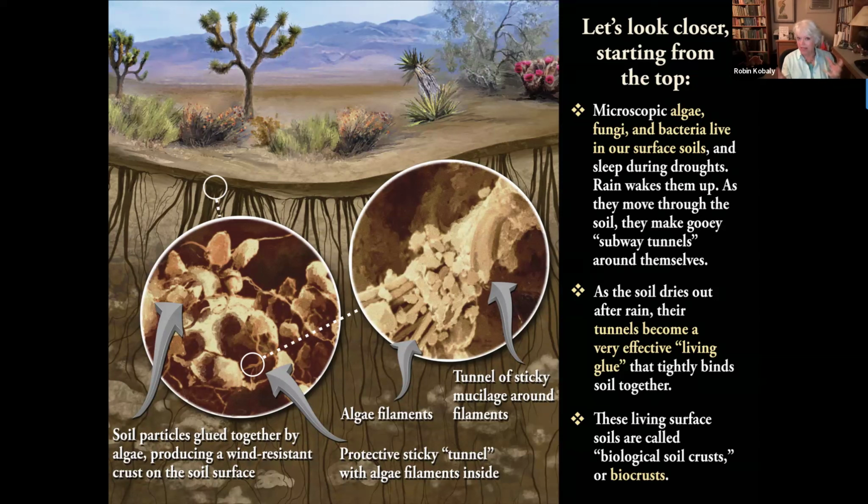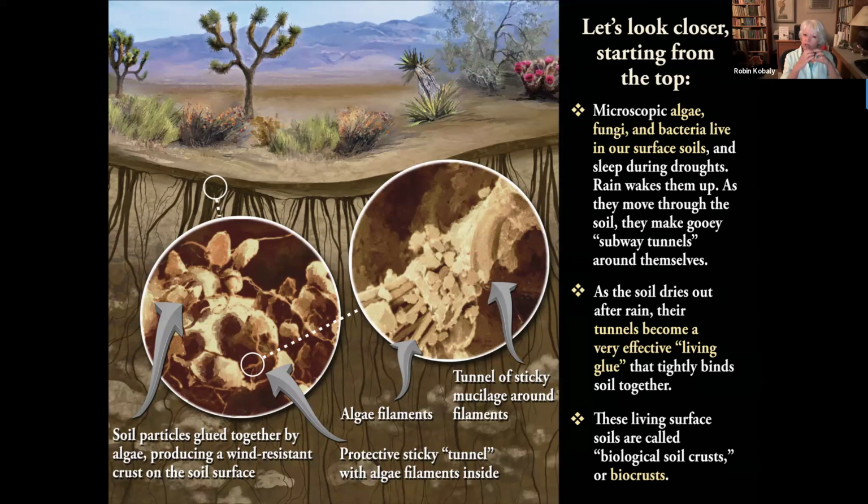Now we call it cyanobacteria, but whatever you call it, there are these filaments that are living algae, and they want to move through the soil, but the soil grains are so sharp that it would cut them as they tried to move through.